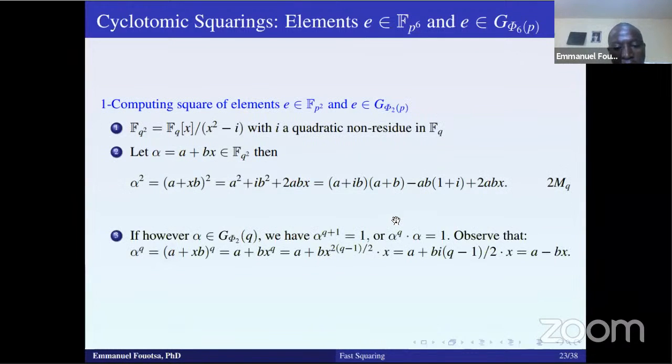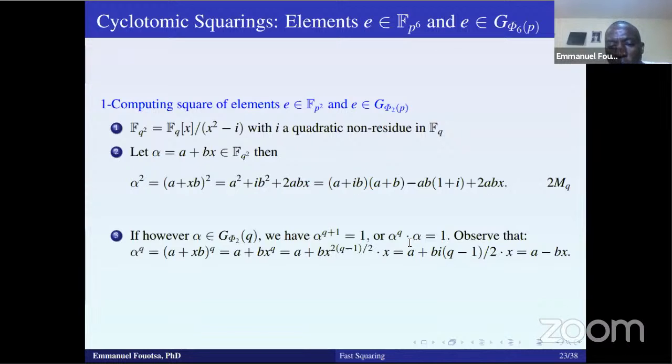Now, however, if this alpha that we have just squared belongs to the cyclotomic subgroup of order phi 2 of q, which is q plus 1, what does it mean? That alpha to q plus 1 is 1, or alpha to q times alpha is 1.